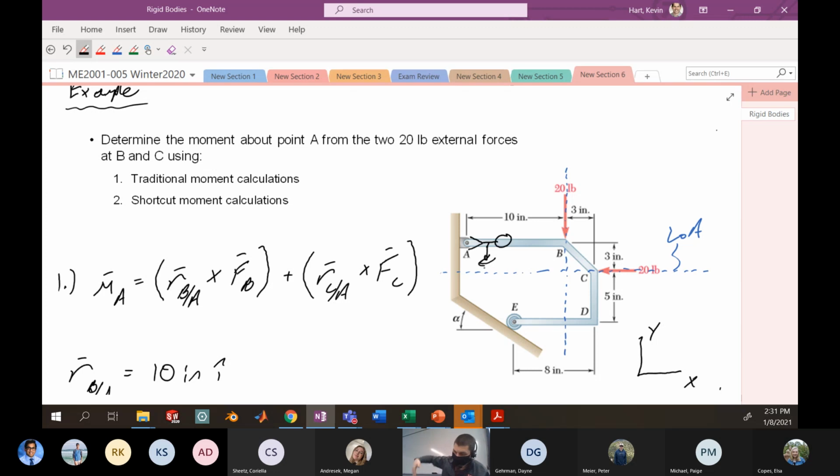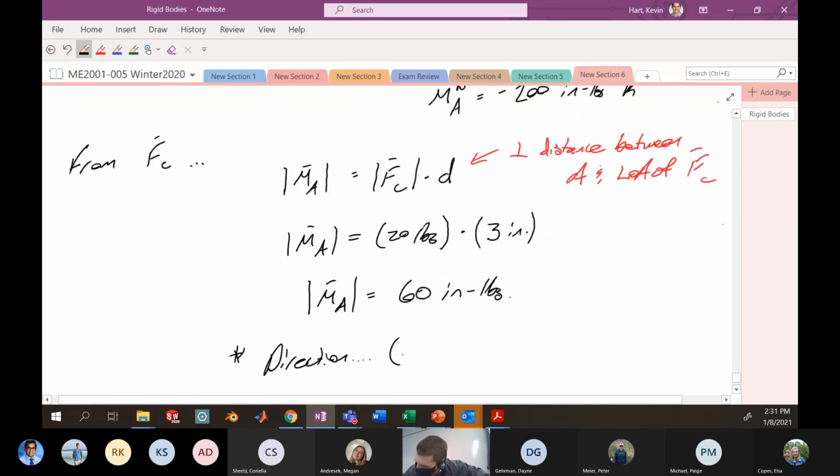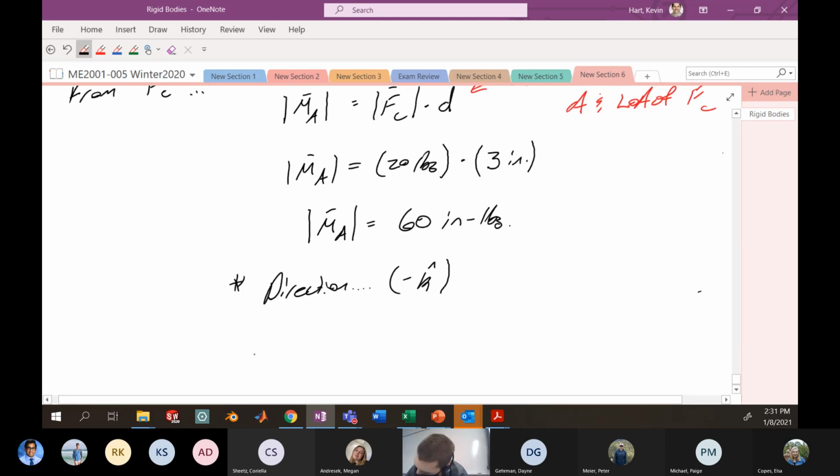If you did that again, sticking your arm down, curling your fingers in the direction of the force, your thumb would again be pointing into the page, which would be a negative contribution. So the direction again is the negative k hat. So that means that the moment at A from the force at C is negative 60 inch-pounds in k hat.